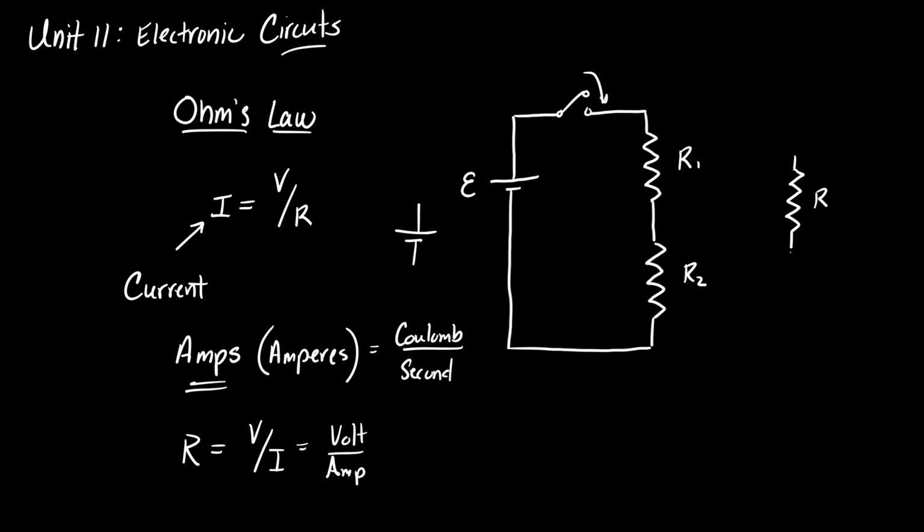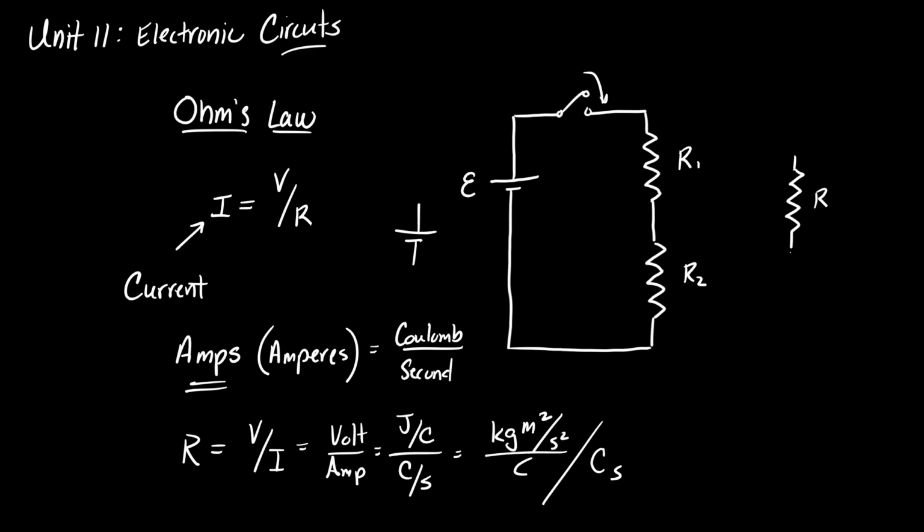You guys are smart cookies, and you know that a volt is a joule per coulomb, and an amp is a coulomb per second, and a joule is a kilogram meter squared per second squared. This is all divided by coulombs, divided by coulomb per second.